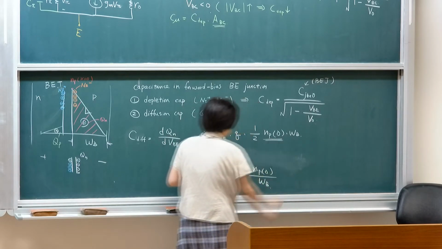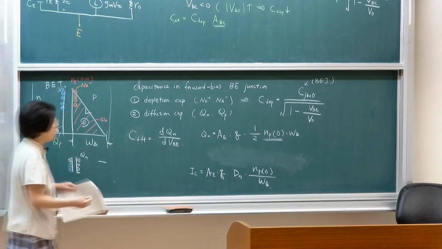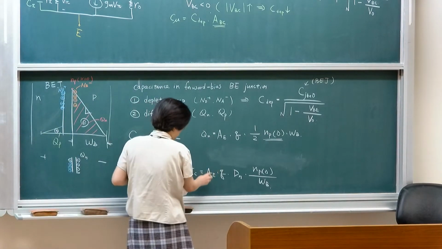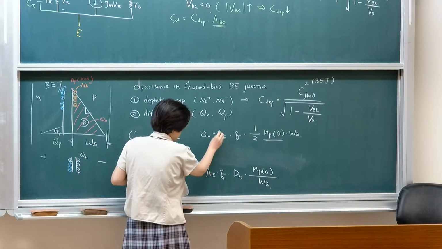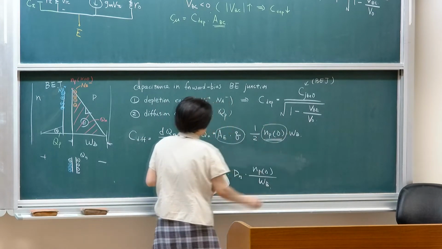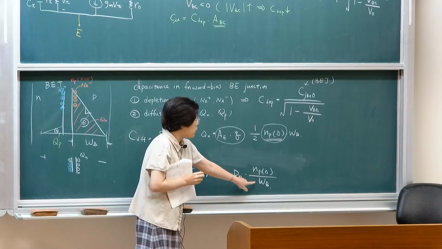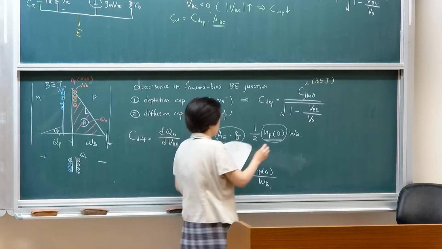I'm only referring to this, so I can substitute Qn. The Qn can be rearranged. So based on this, you substitute all these components with IC.